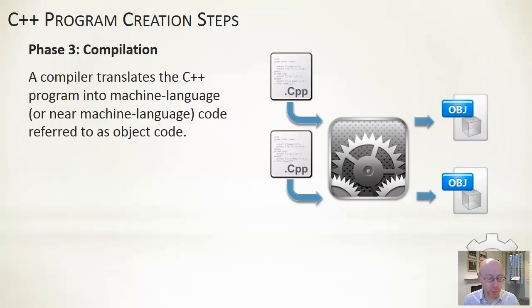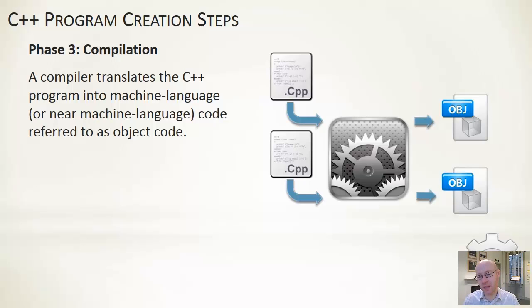After we pre-process it, we then enter compilation proper. The whole purpose behind compilation is to take our text-based source files and convert them into something that is executable or nearly executable in some sense.